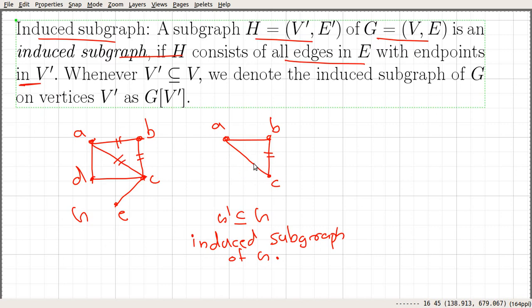So let me give an example of what is not an induced subgraph. Consider this subgraph G double dash.